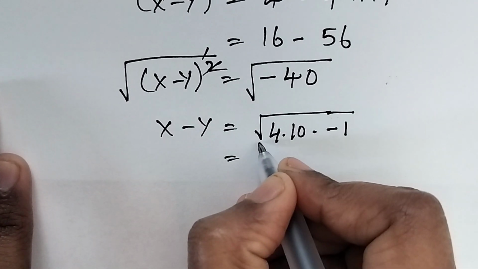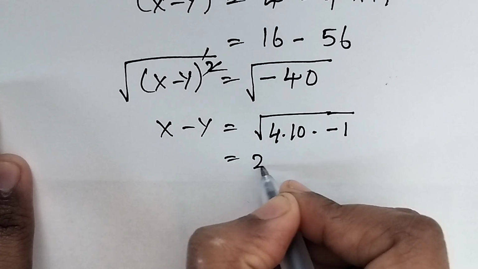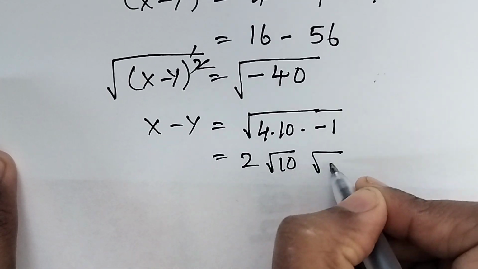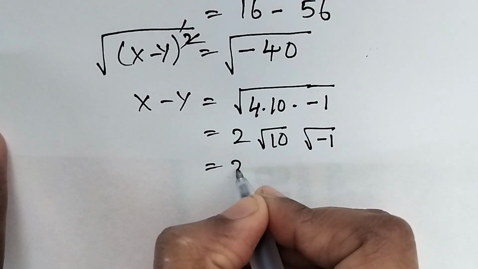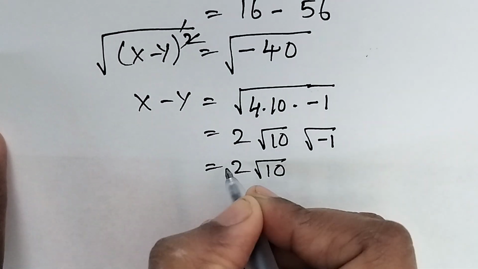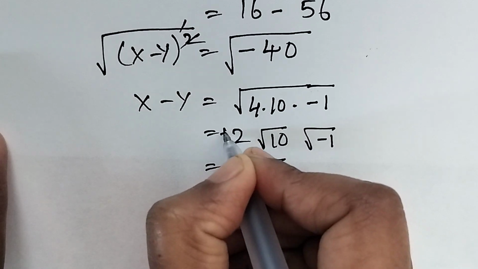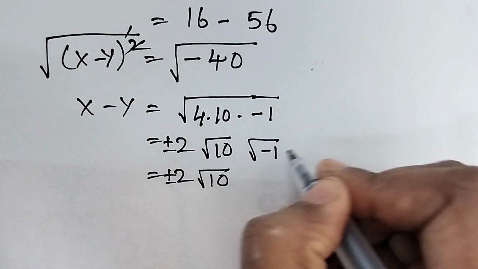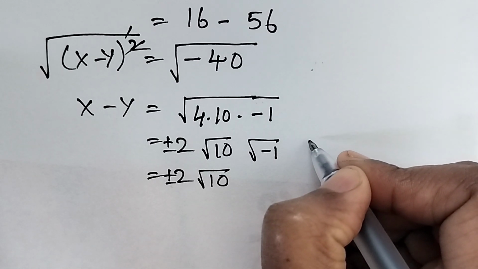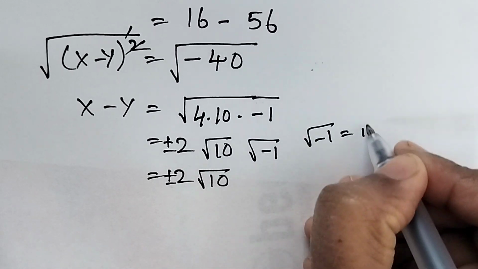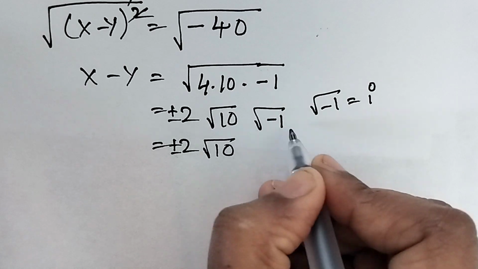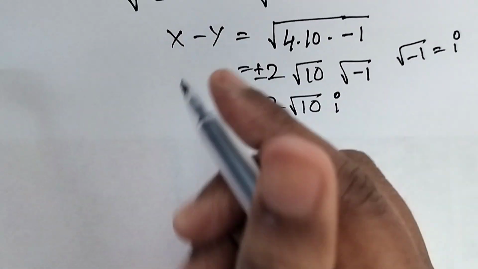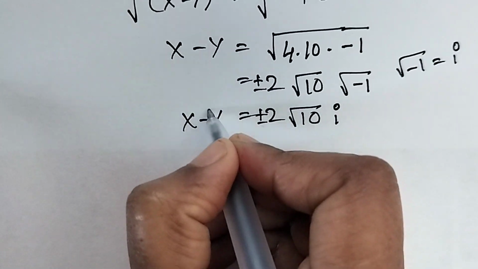So now the square root of 4 is equal to 2, so 2 square root of 10 times the square root of minus 1, plus or minus. So here the square root of minus 1 is an imaginary value. Square root of minus 1 is equal to i. So in place of square root of minus 1, we will write i. So this is the value of x minus y.